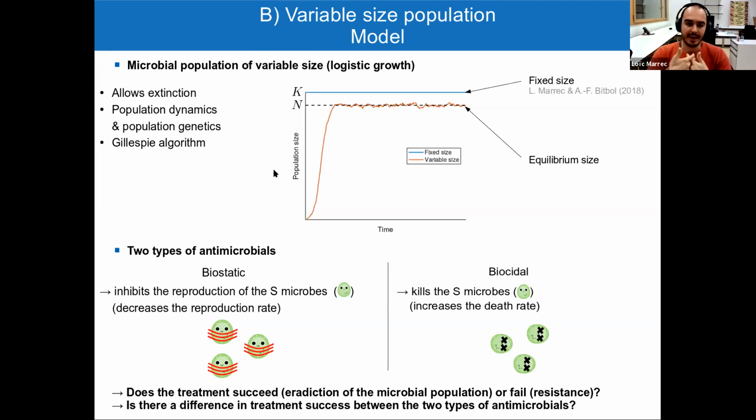In the following, I'm going to test two types of antimicrobials: a biostatic drug that prevents the sensitive microbes from dividing by decreasing their division rate, and biocidal drugs that kill the sensitive microbes by increasing their death rate.